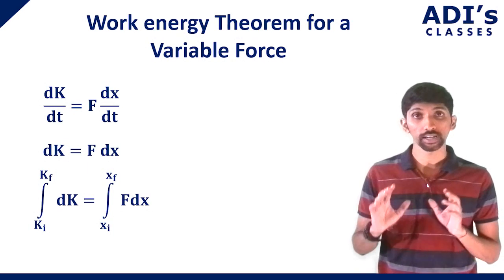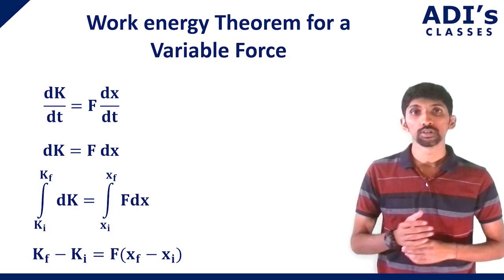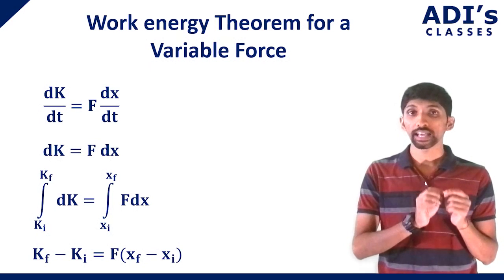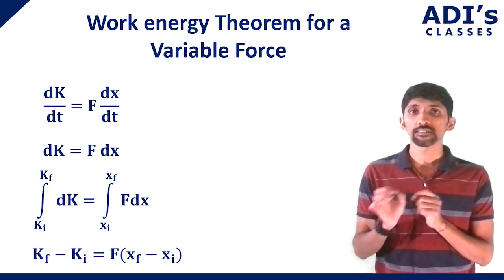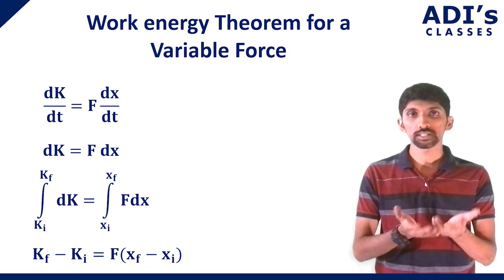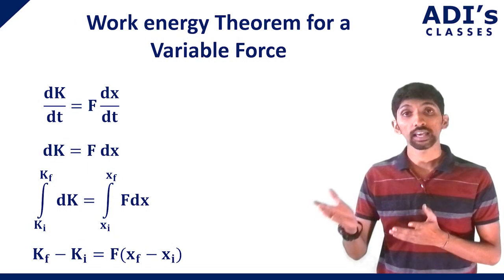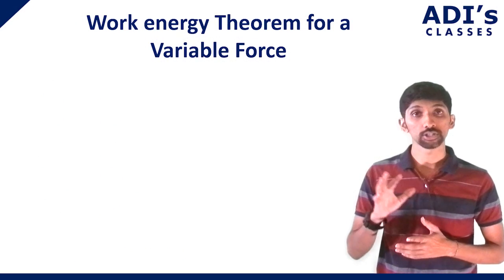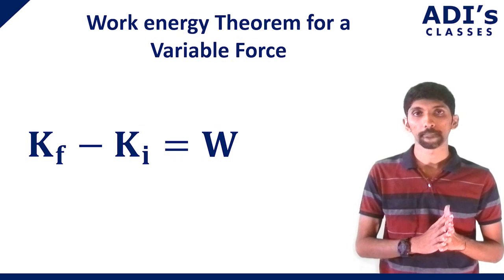So here you get Kf minus Ki is equal to F into xf minus xi. xf minus xi is nothing but the displacement, right? So what is force into displacement? That's nothing but the work done. So Kf minus Ki, the change in kinetic energy, is equal to the work done.